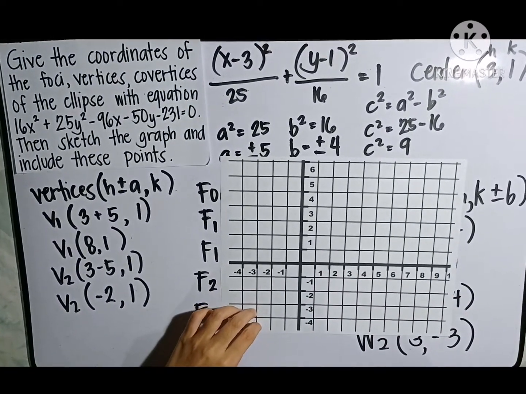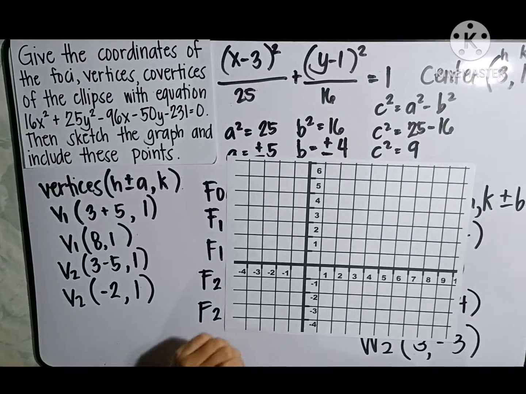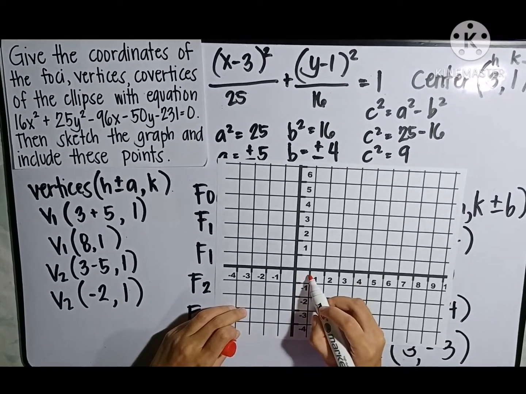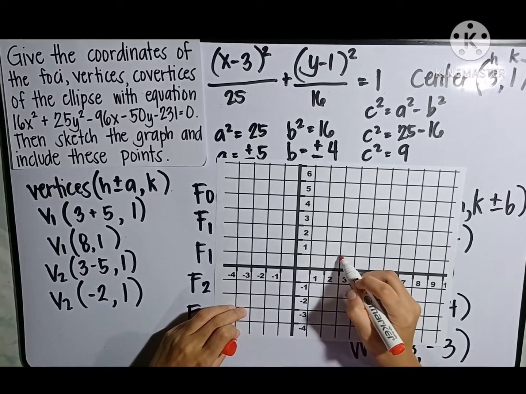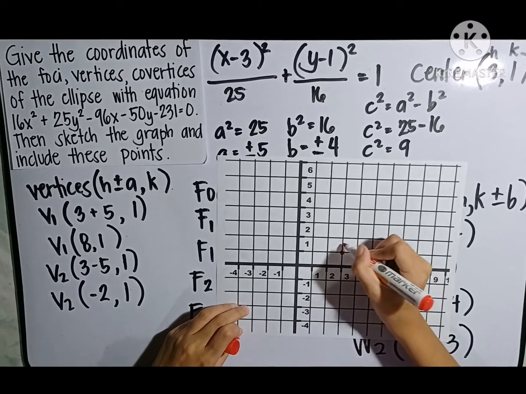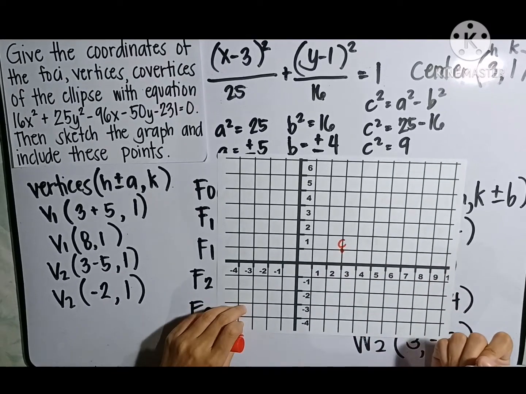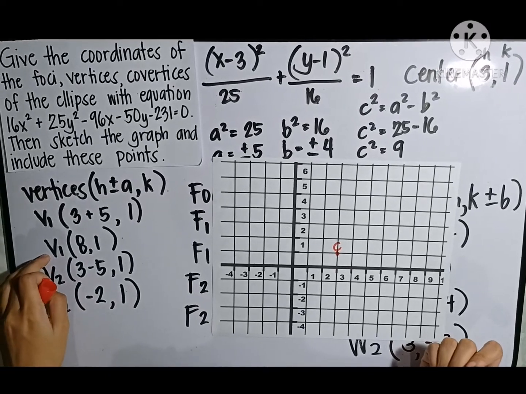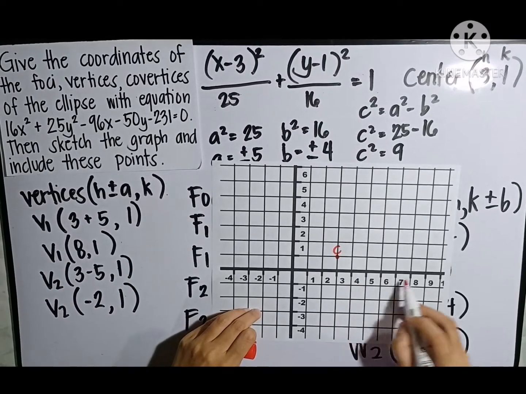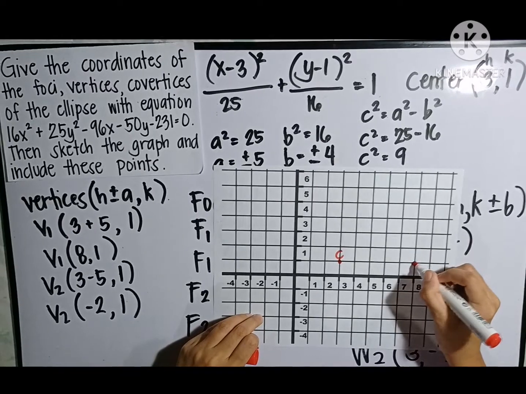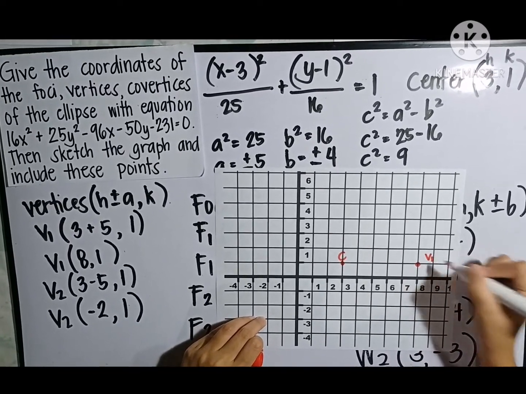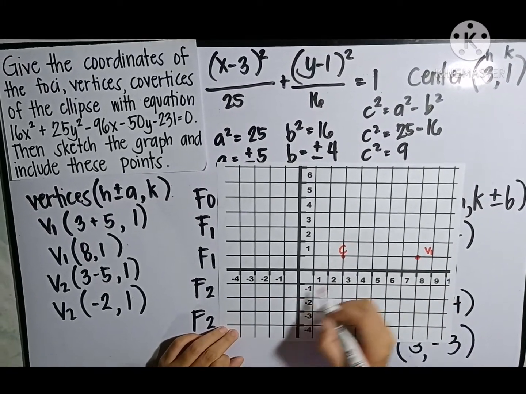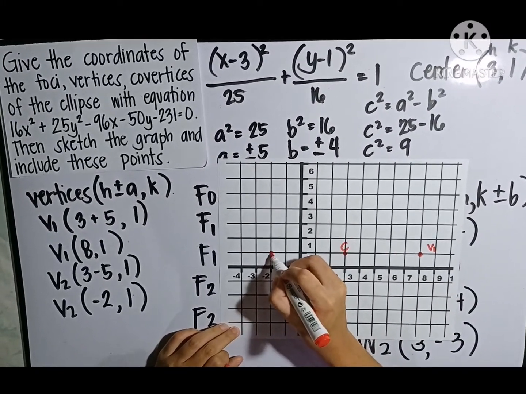First, let us plot our center, which is at 3, 1. 1, 2, 3, 1. This will be our center. Then, our vertices, our vertex 1 is at 8, 1. Our second vertex, negative 2, 1.